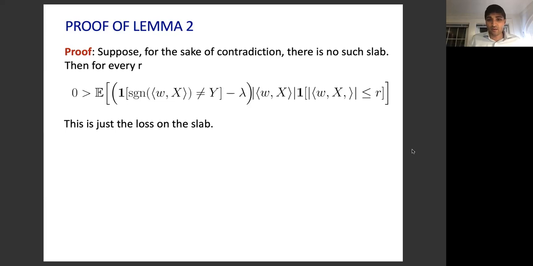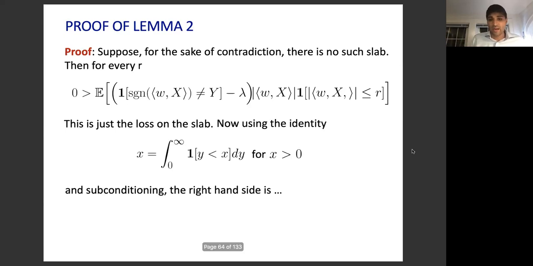And so all I've done here is put in the Leaky Relu loss, and then I have this indicator function that defines the slab, which is just whether the absolute value of the inner product between W and X is at most R. And now we're just going to use a very simple identity.